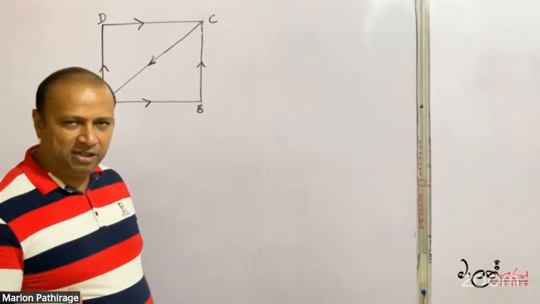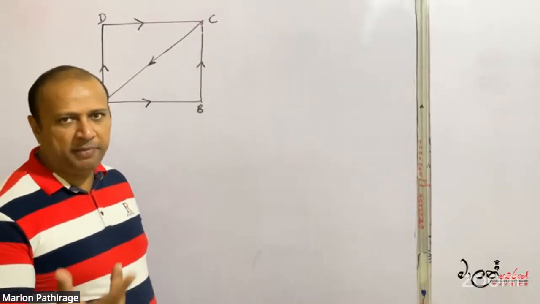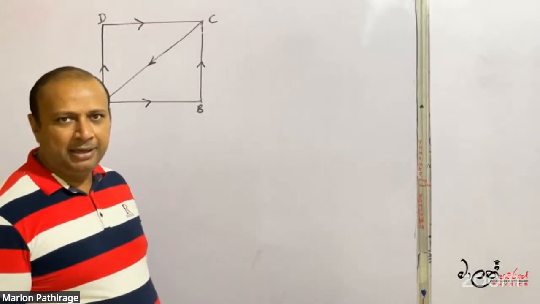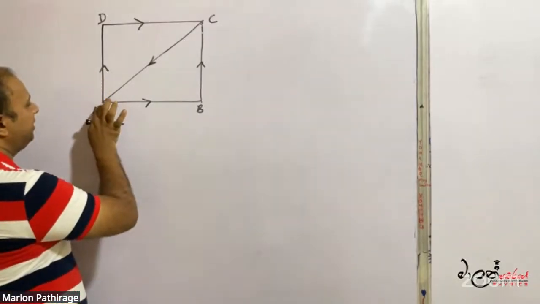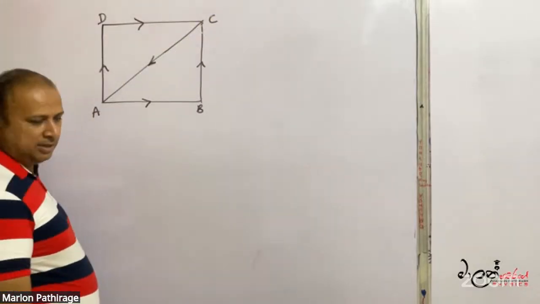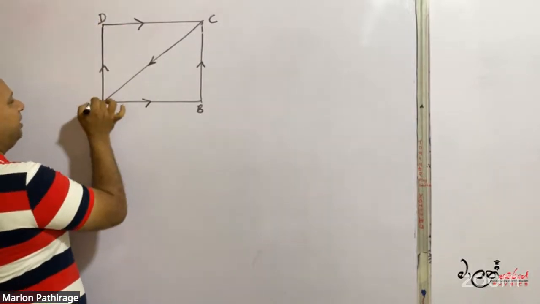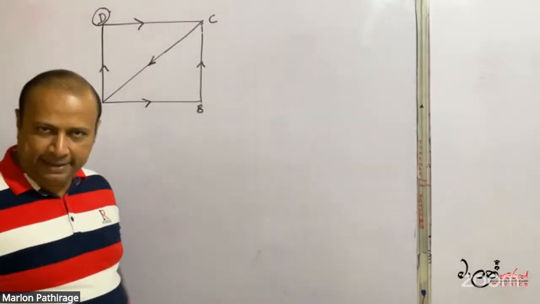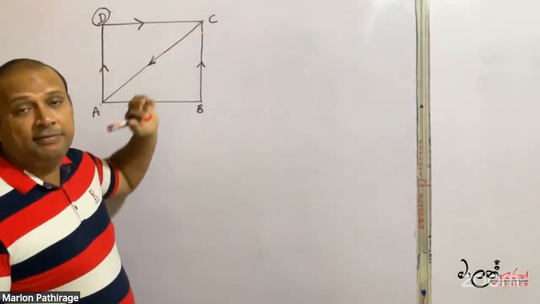The vector addition principle means we have to overlap the endpoint and the starting point. Here, D is the endpoint of the AD vector and the starting point of the CD vector.